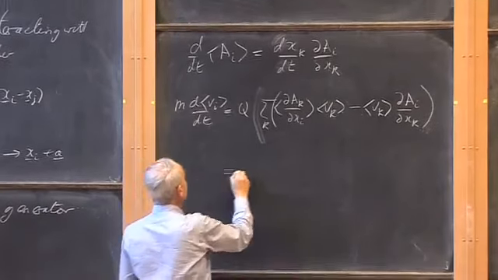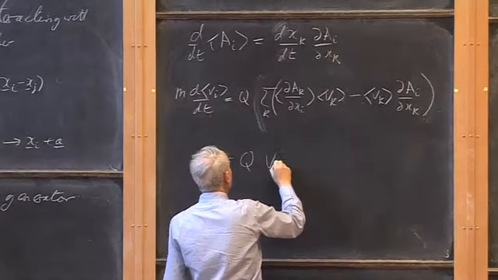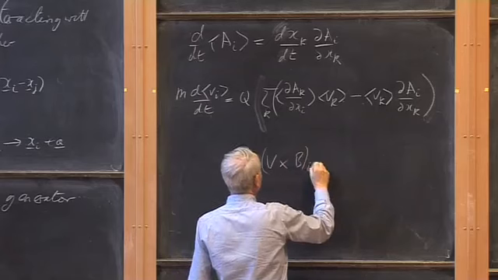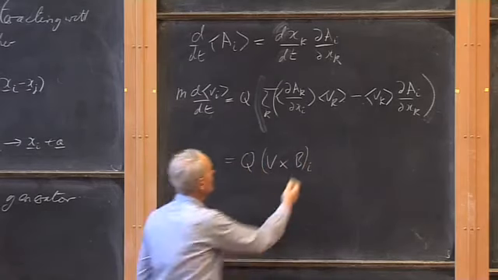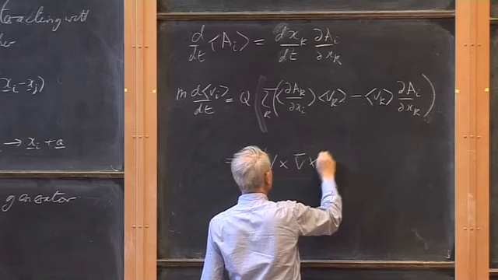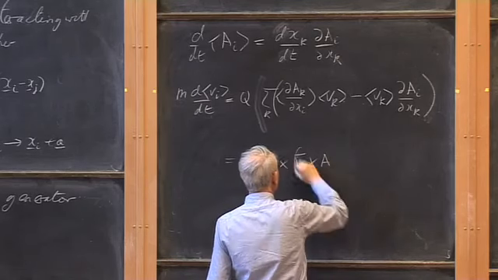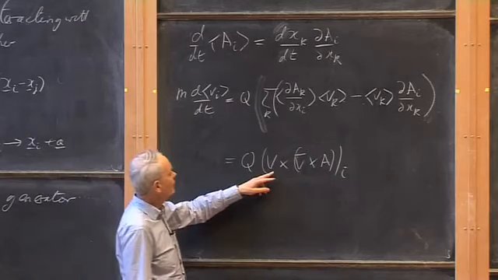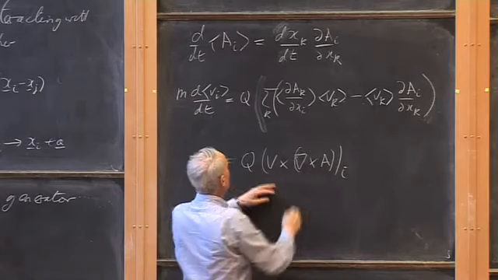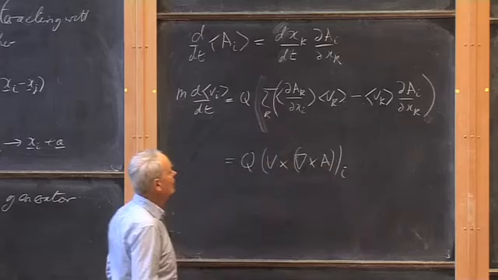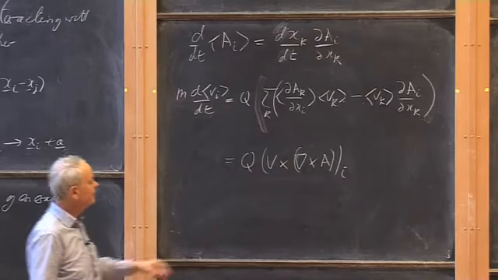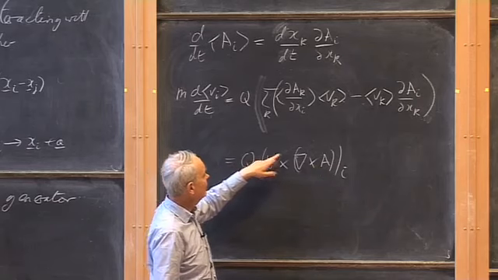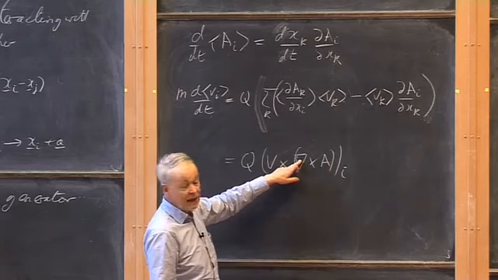Now this is actually equal to q (v cross B), ith component. I claim that this is true. Let us see whether it is true. In order to expand this vector triple product, we would say it was this thing dotted with this thing in the direction of that thing.